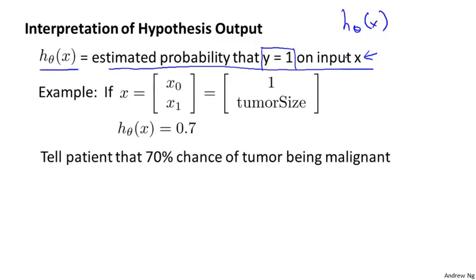Here's what I mean. Here's an example. Let's say we're using the tumor classification example. So we may have a feature vector x, which is this x0 equals 1 as always, and then our one feature is the size of the tumor. Suppose I have a patient come in and they have some tumor size, and I feed their feature vector x into my hypothesis, and suppose my hypothesis outputs the number 0.7.